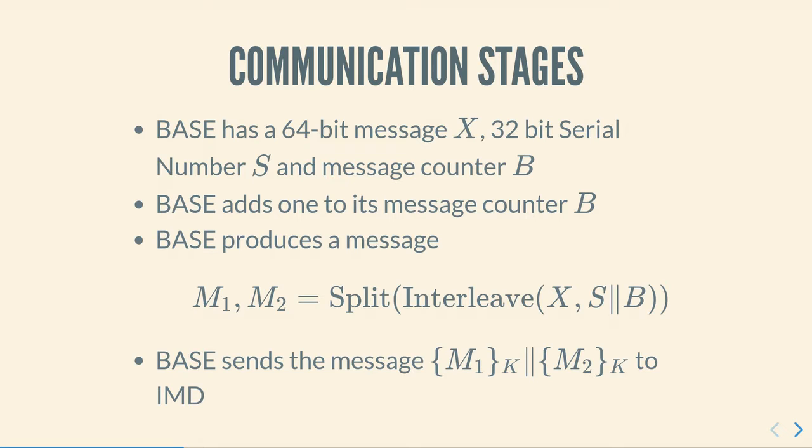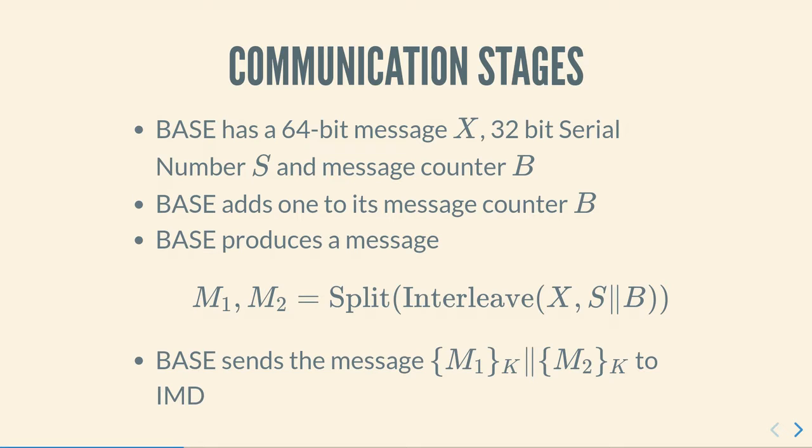So what happens is, for the base station to communicate with the medical device, it adds one to its own message counter, right? And then it produces a message like so: it takes the message that it wants to send, X, and then it takes a concatenation of the serial number and its message counter, right?